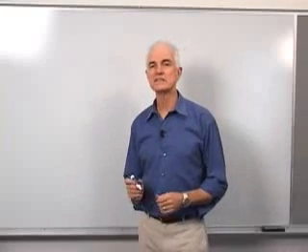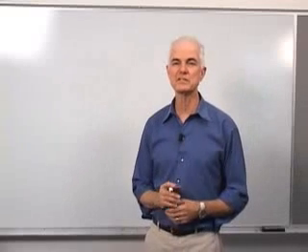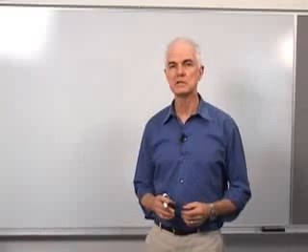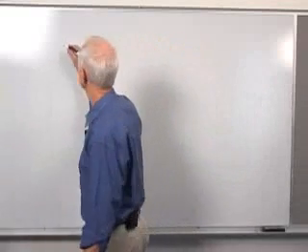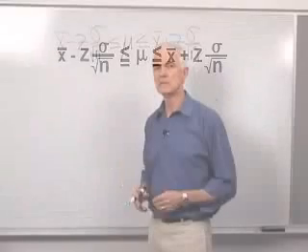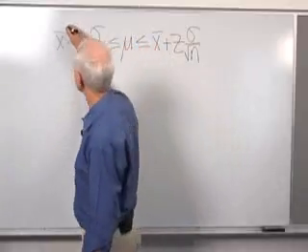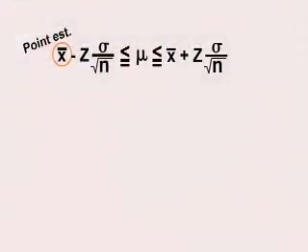To summarize, we can estimate population means when the population standard deviation is given using a z-formula that looks like this. In addition, we've learned that most confidence interval formulas are constructed by having a point estimate and an error.